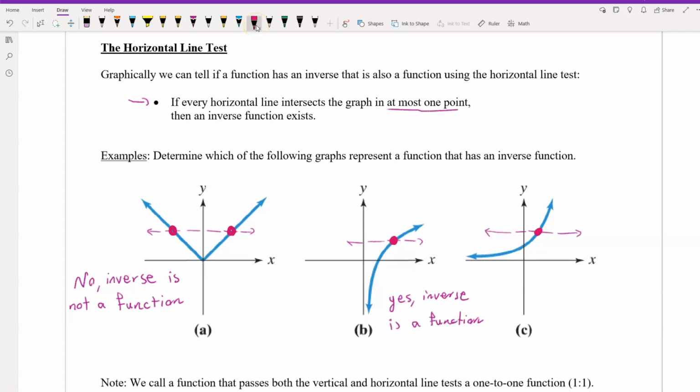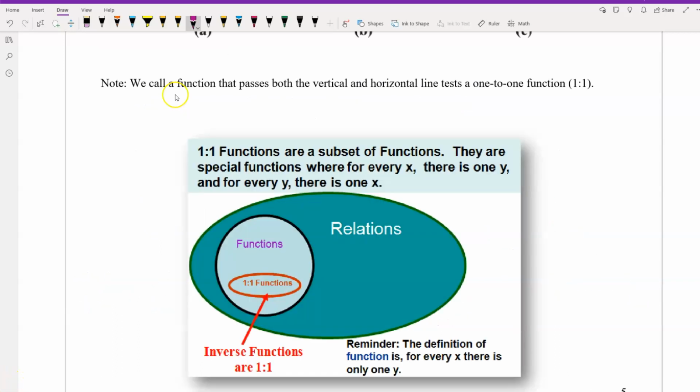At most we have 1 point. So using the horizontal line, this horizontal line intersects our graph in at most 1 point. So the answer is yes. The inverse is a function. We call a function that passes both the vertical and horizontal line test a one-to-one function.